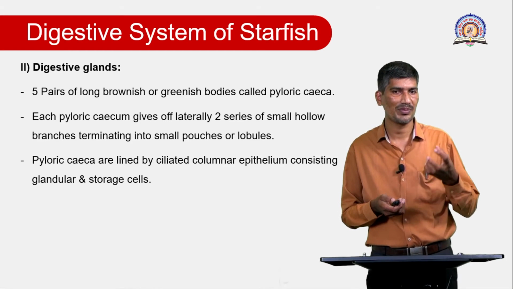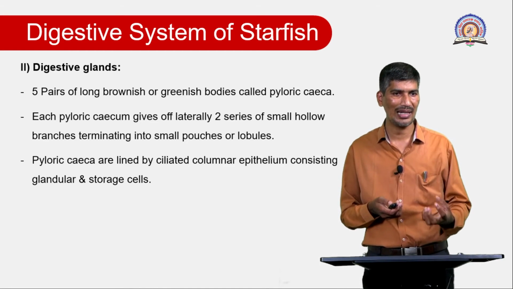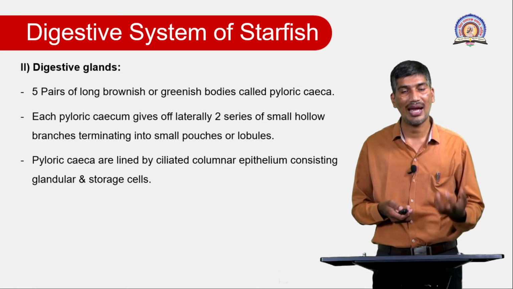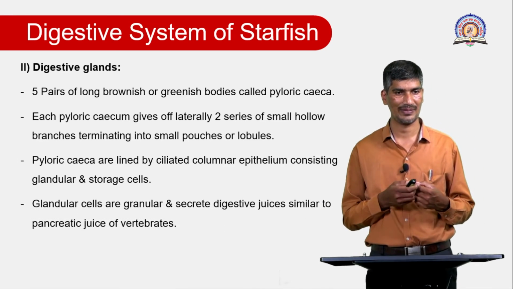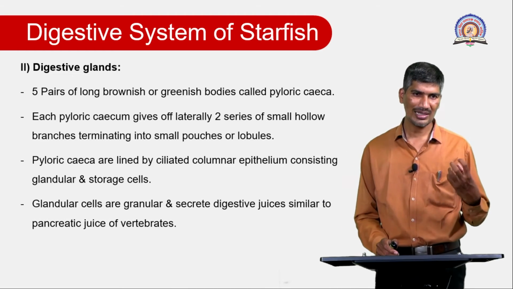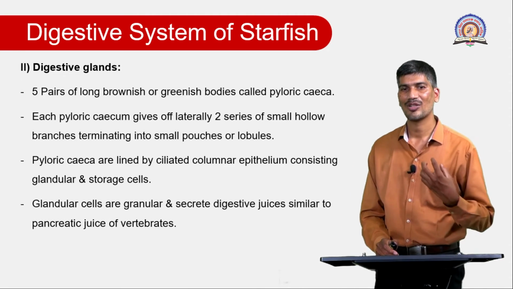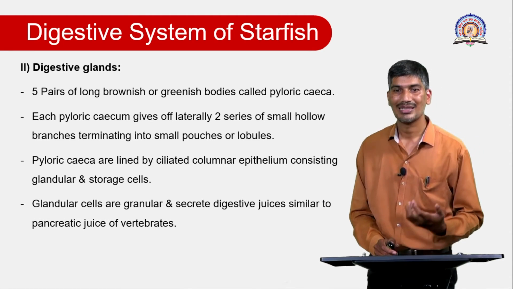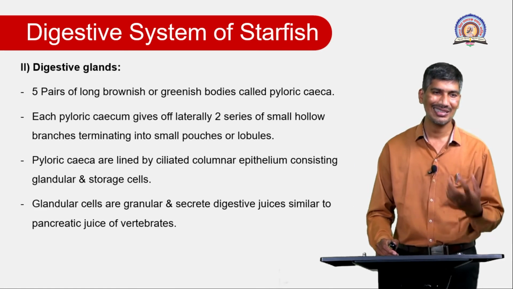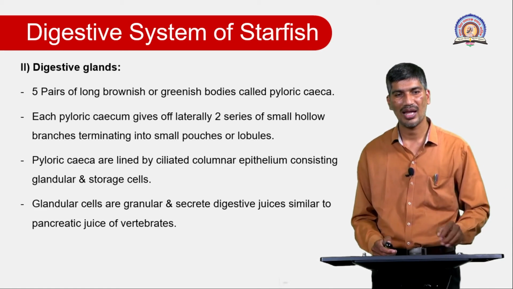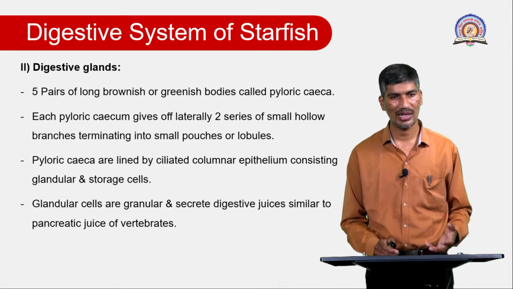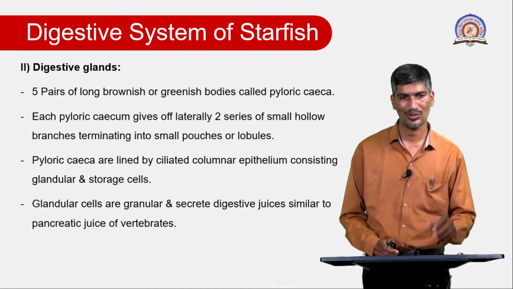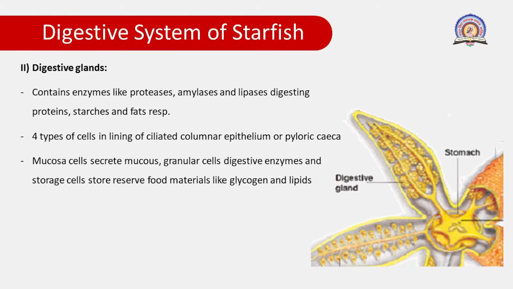Columnar epithelium cells are found as the gland, and they also function in storage of food materials inside the cells. These glandular cells secrete digestive juices. These juices are similar to those of higher organisms like human beings and other vertebrates.